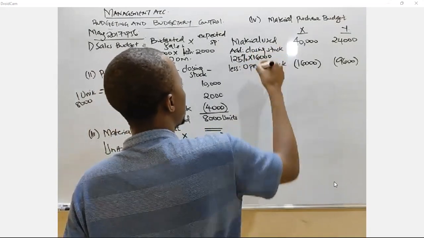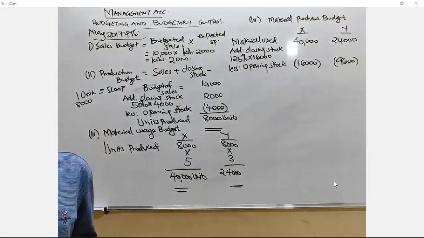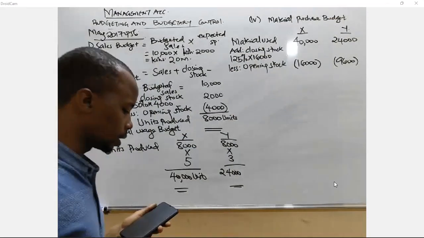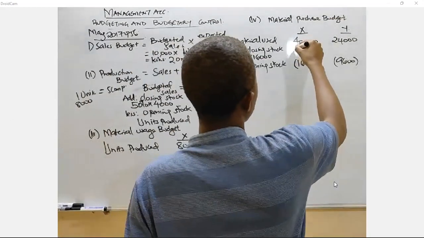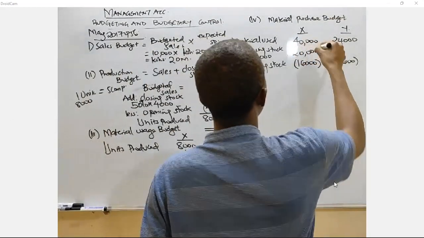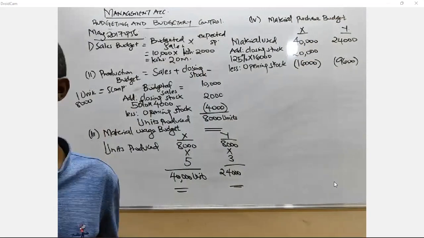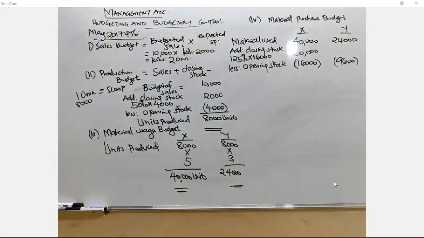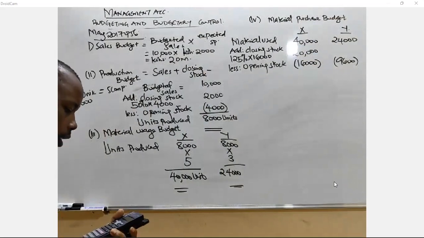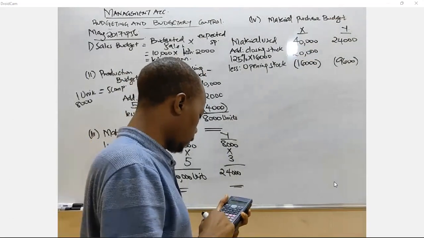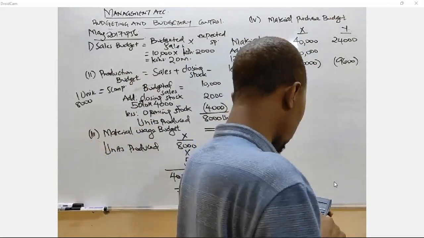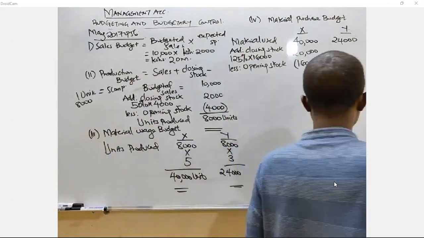The first one will be 16,000. When you take 125% of 16,000, I think we should be having 20,000 here. Let me confirm with my calculator. 1.25 times 16,000, getting 20,000. Then 1.25 multiplied by 9,600, we are getting 12,000 here.